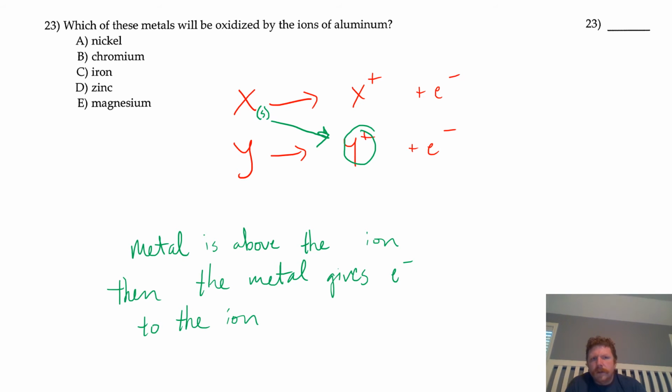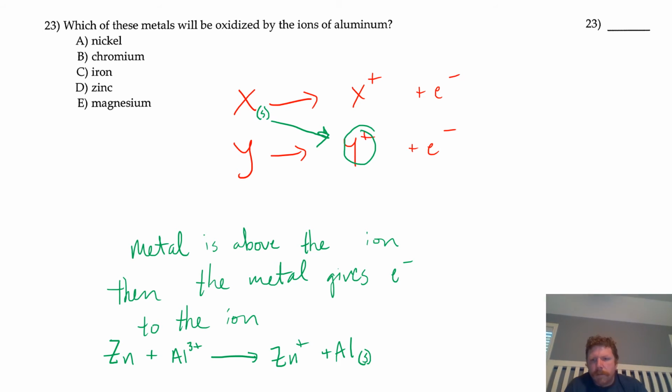So if you mixed zinc, which is very high up on the activity series, meaning it is very easily oxidized, if you mix zinc with Al3 plus ions, you will form Zn2 plus and Al solid.